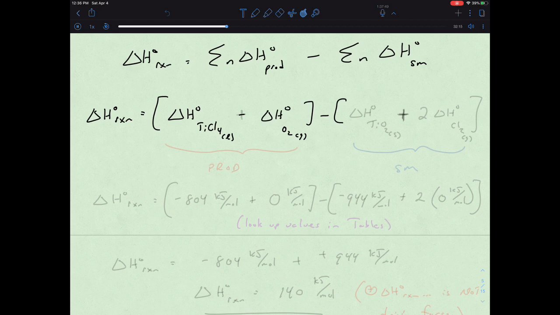So we would be looking at the enthalpy of titanium dioxide, and then plus 2 times the enthalpy for the chlorine gas.